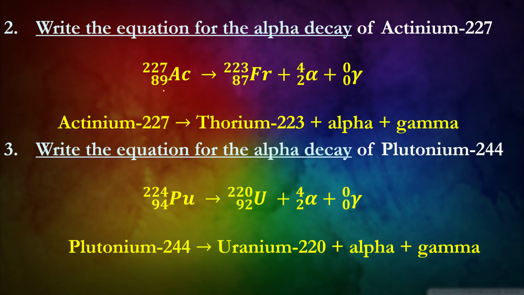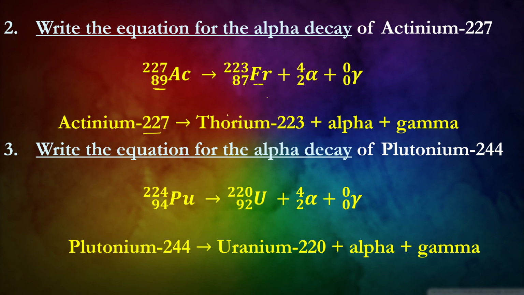So what we have here is actinium 227. It's 89. And then we have, is it the francium that I wrote there, or was it thorium? Let me quickly check. Alright, so it is indeed francium.